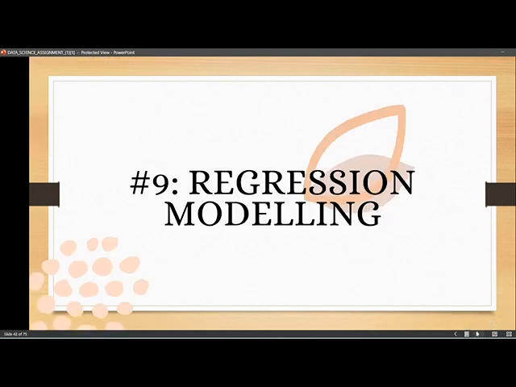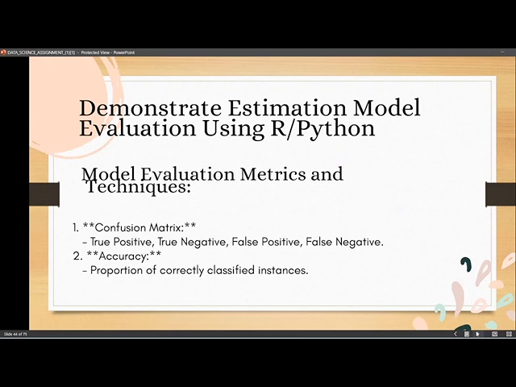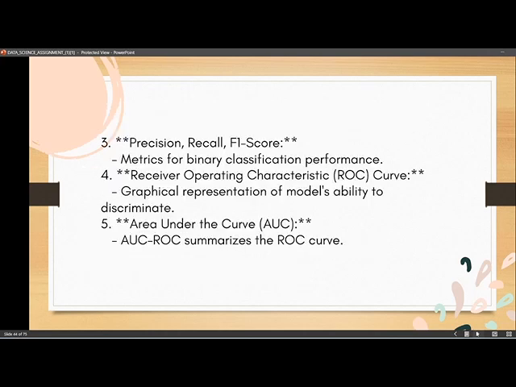Next topic is regression modeling. Model evaluation metrics and techniques. First is confusion matrix. It involves true positive, true negative, false positive and false negative. Second is accuracy. It is used for proportion of correctly classified instances.